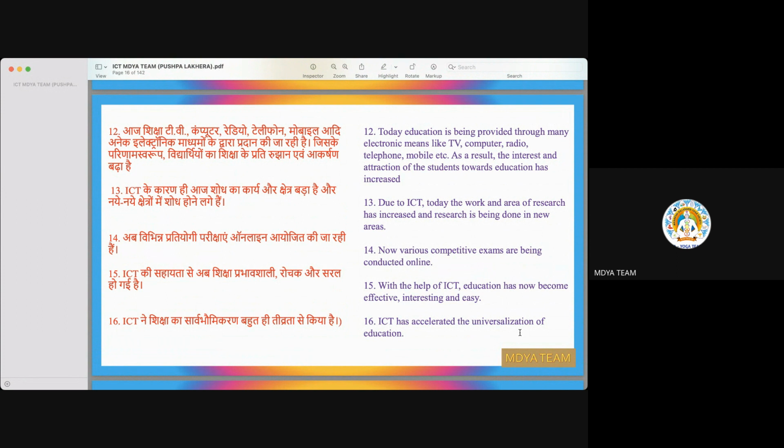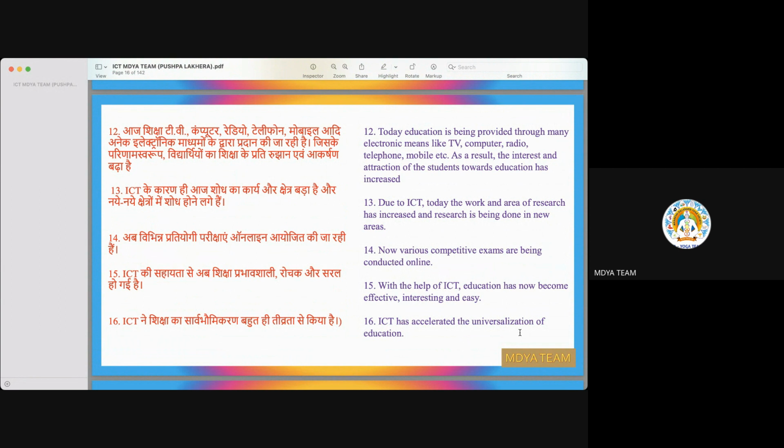It depends on you how you are using all those equipments, for educational purpose, for entertainment purpose, or just to pass time. Everything is available. As a result, the interest and attraction of the students towards education has increased.